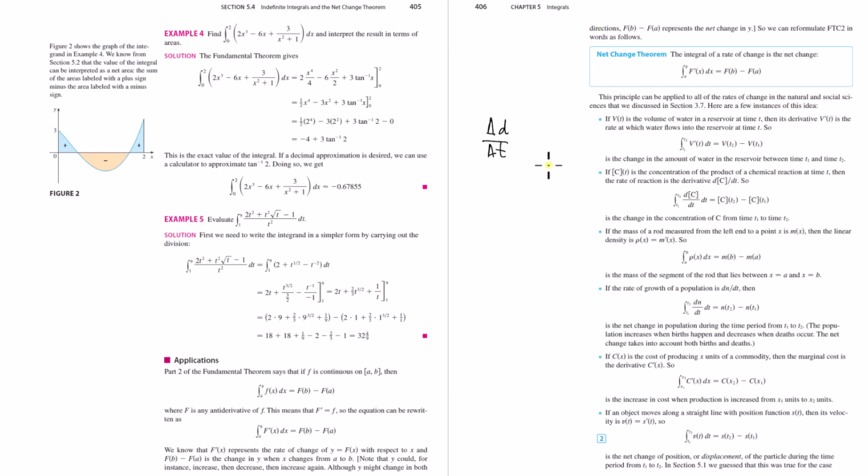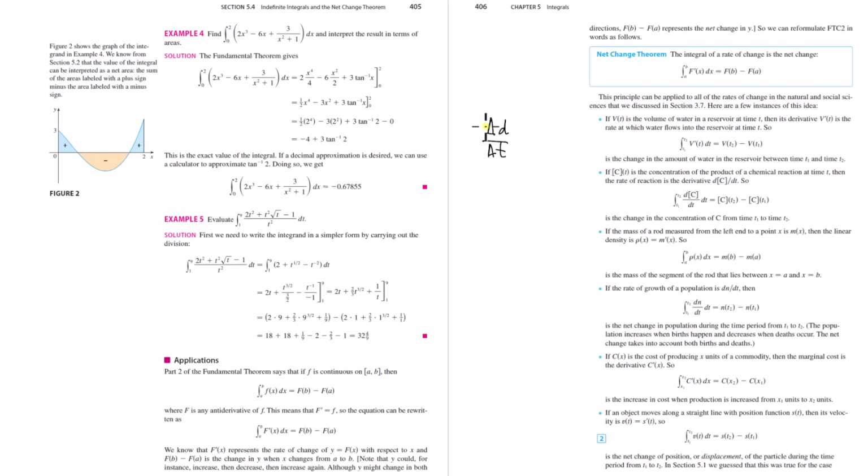Rate of change of what? What's the quantity that's changing? It's the distance. So the definite integral of the velocity function over the interval from A to B is the net change in the quantity over that same interval. And so the quantity would be the position. I said distance here, but it's more the position.